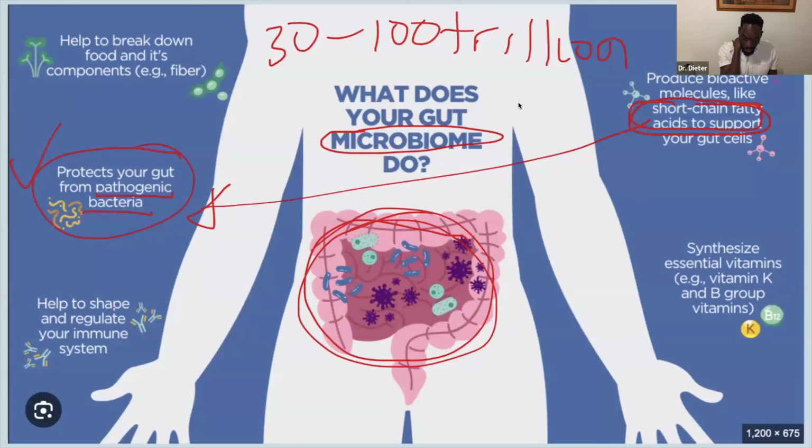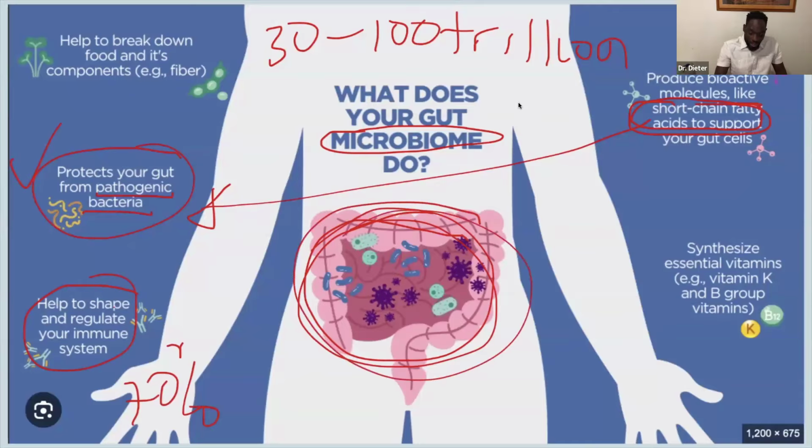The other thing that I want to highlight is the microbiome helps to shape and regulate the immune system. When I first learned about this, I was very surprised. 70% of the body's immune system resides in the gut. 70%. The other 30% of our immune system resides in the bone marrow, the lymph nodes, the lymphatic.